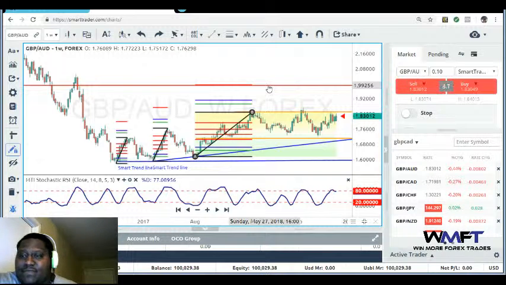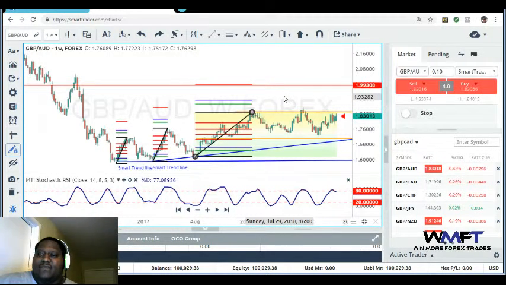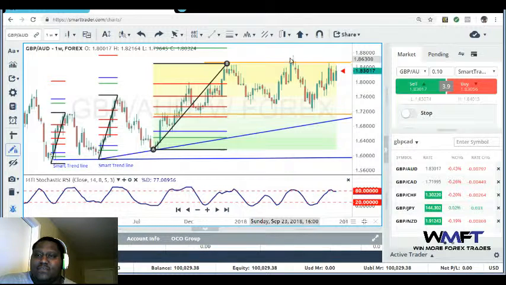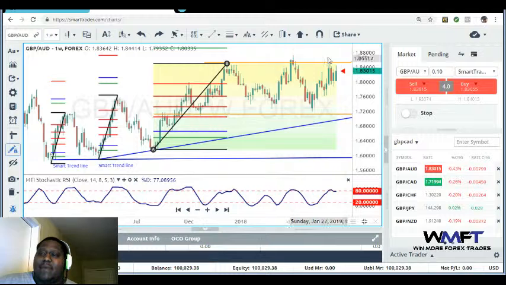But the market went to some sideways movement, so we have consolidation resistance and consolidation support. At that point, we're selling the resistance and buying support back up to resistance.